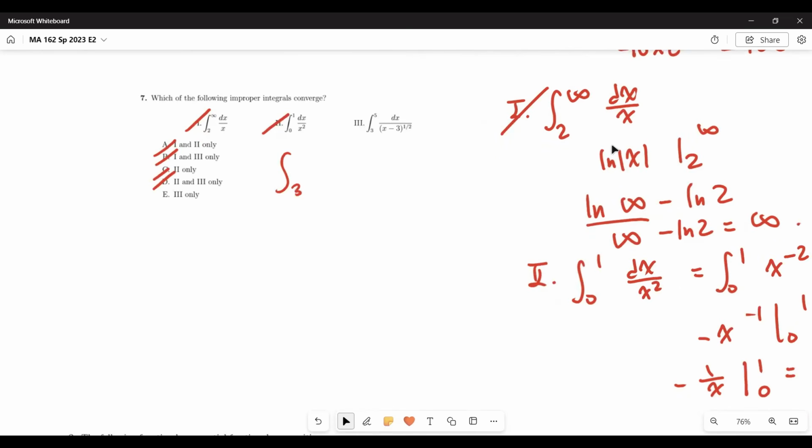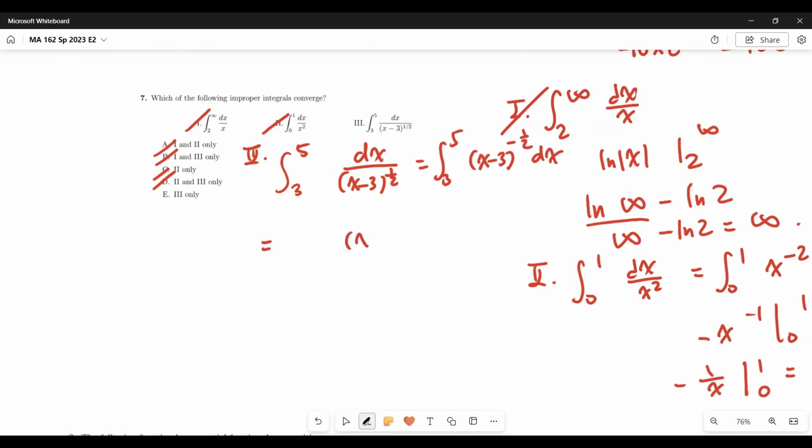So 3 is the integral from 3 to 5 of dx over (x minus 3) to the 1/2. And you can write this as the integral from 3 to 5 of (x minus 3) to the negative 1/2 dx. This is just 2 times (x minus 3) to the 1/2, integrating from 3 to 5, right? Okay, let's plug it in.